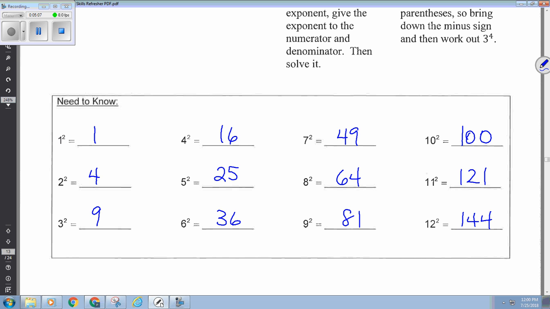So that's the first 12 perfect squares. If you're able to recall those very quickly, then it makes your solving a lot easier as you go on down the road.